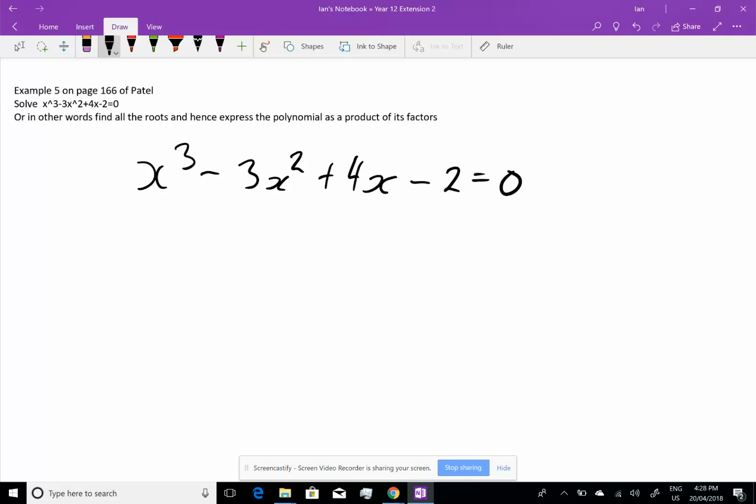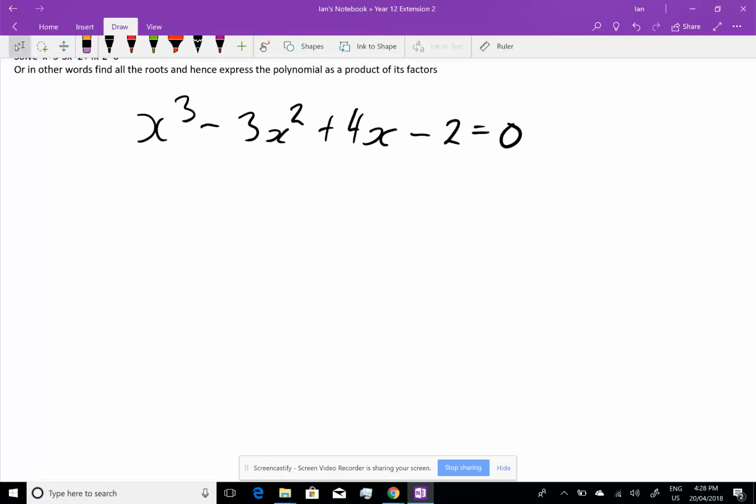We know that every cubic must have one real root. It must, because a cubic starts below or above the x-axis and ends up going the other way. So we know that there is one real root, and we're going to assume that this real root is a nice easy integer.